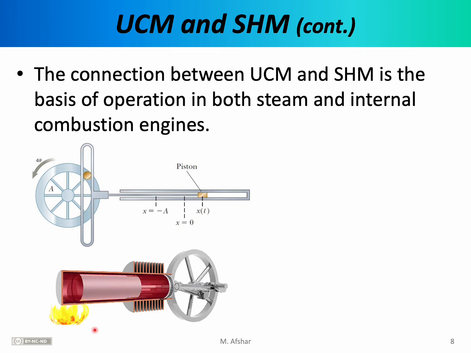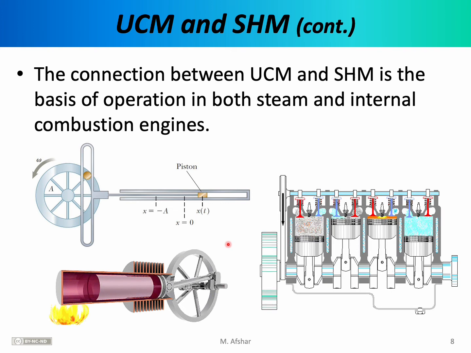That steam could be heated up or it could be cooled down. As it does so, it will begin to expand and contract. The expanding steam will push against the piston. As the piston moves outwards, it pushes against the wheel. So the simple harmonic motion of the piston drives the uniform circular motion of the wheel.